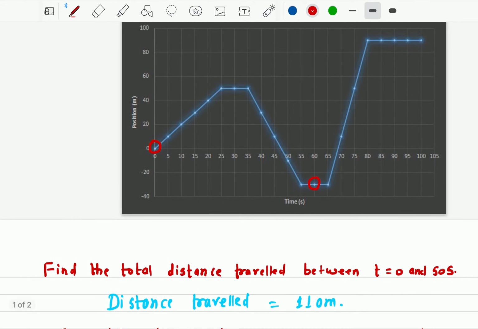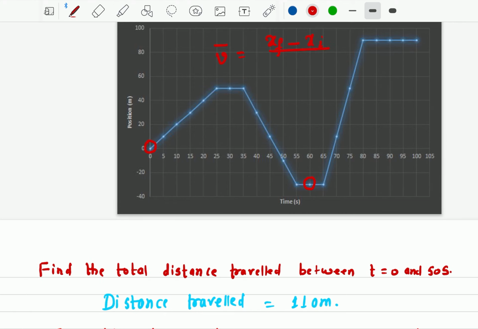What was my average velocity? In order to find out the average velocity, all that matters is your initial position and the final position. So average velocity, which we denote by this line here, is defined as my final position minus initial position divided by the final time minus initial time.